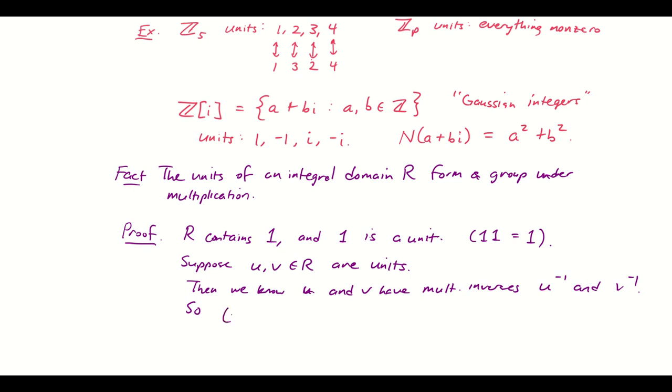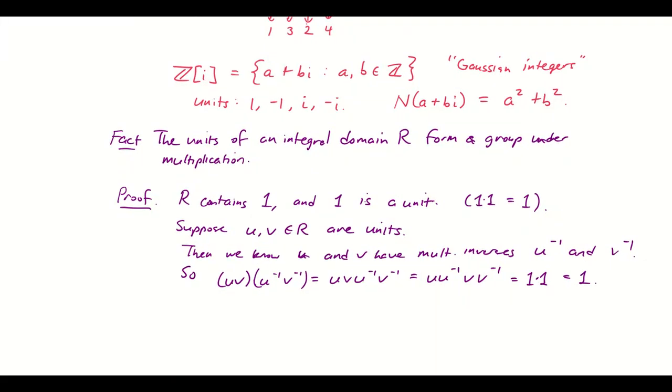So we also know that UV times U inverse V inverse is equal to U V U inverse V inverse, and because we're in an integral domain, therefore multiplication is commutative, we can just reorder things and get this. And that's 1 times 1, which is equal to 1. So I realize when I write this, it probably looks like I'm saying 11. That's multiplication there. I was trying to avoid using the multiplication symbol, but there you go. Okay, so that means that UV is a unit because it has a multiplicative inverse. That inverse is right here. So UV is a unit.